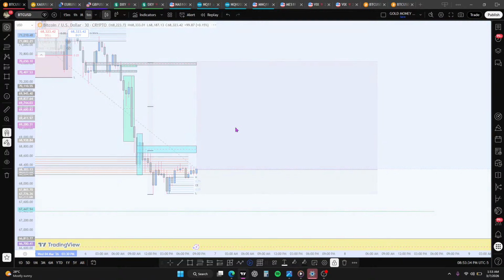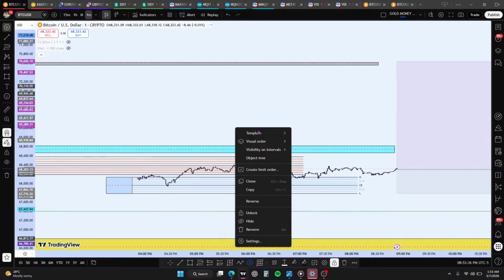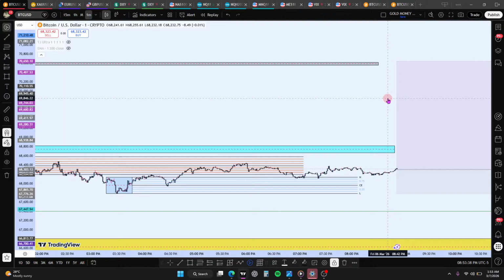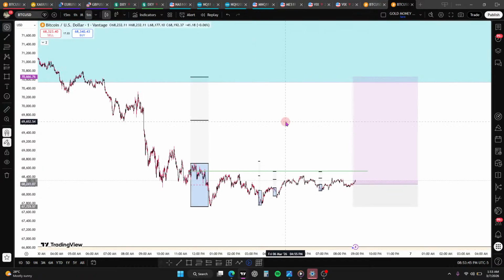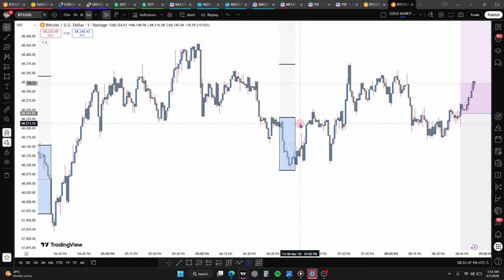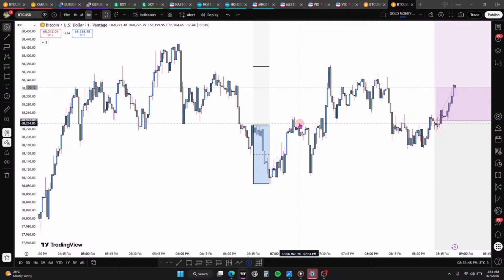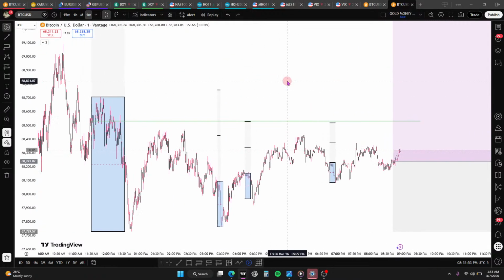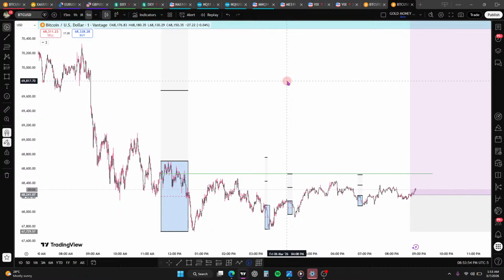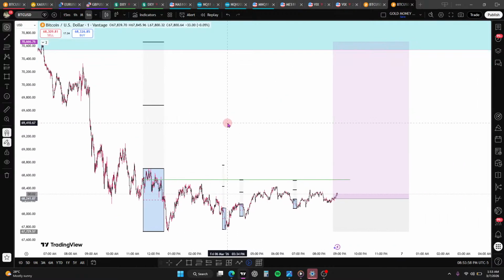So I think I've thoroughly explained my thought process and what I'm anticipating. I suppose we'll have to see if the algorithm agrees with my analysis. I think this trade is good, but we'll have to see.